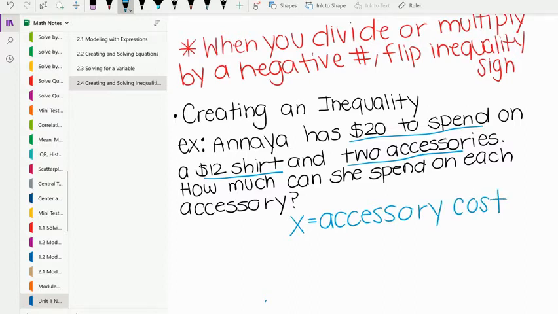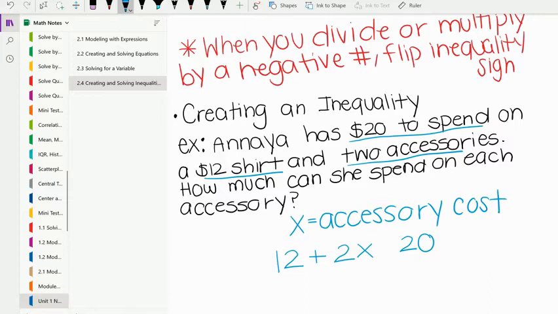Okay, now let's kind of see what information we have. We know she bought a $12 shirt, so that doesn't need a variable. That's just $12. Now, we also know that she wants to buy 2 accessories, so 2 times whatever the accessory cost is. And then we know that something to do with $20, right? So if it says that Anaya needs to spend exactly $20, that's when we would use an equal sign.